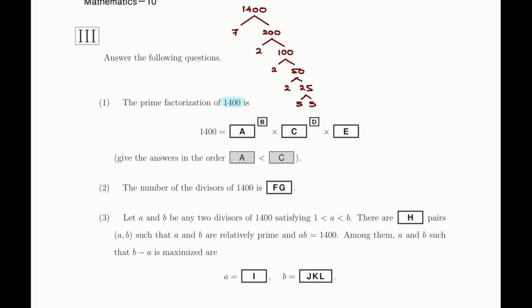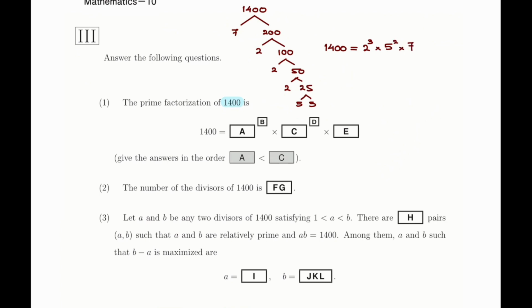So from this multiplication, you can see that 1400 is equal to 7 times 2 to the power of 3 times 5 to the power of 2. So the prime factorization of 1400 is 2 to the power of 3 times 5 to the power of 2 times 7.